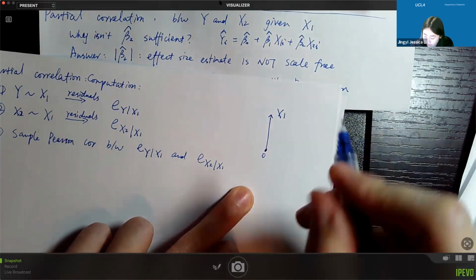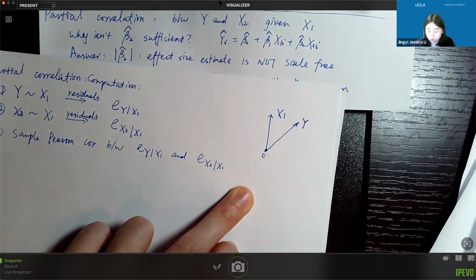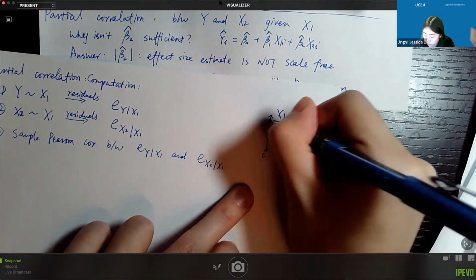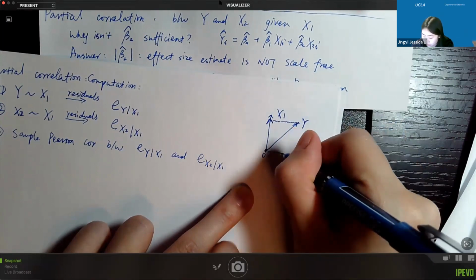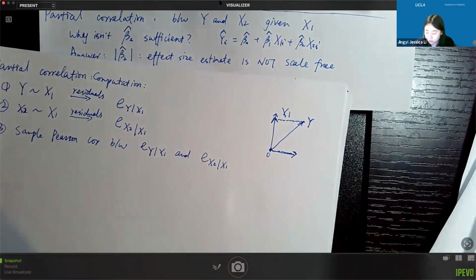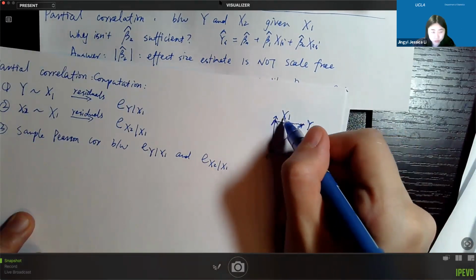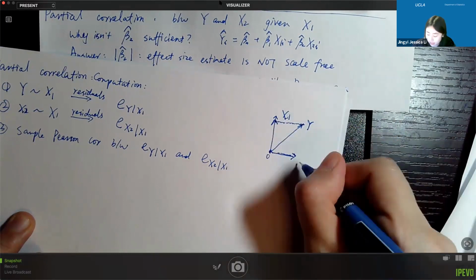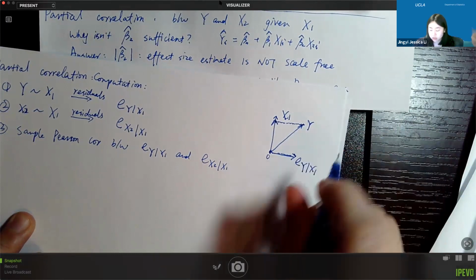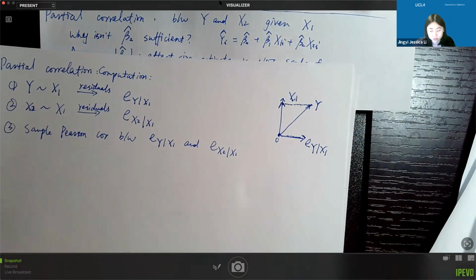And if my y is this, then after the projection I would have y decomposed into two vectors. This will be the y hat, using x1 to fit only, and this will be my E_y given x1. This is the residual vector. It's another vector in the n-dimensional space.